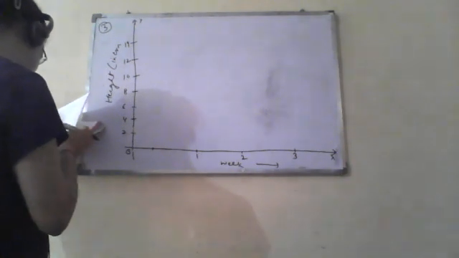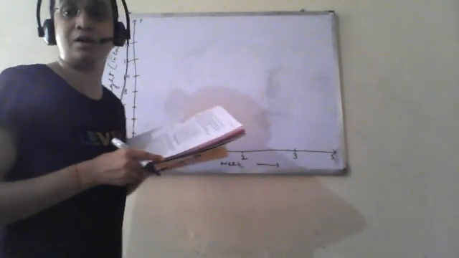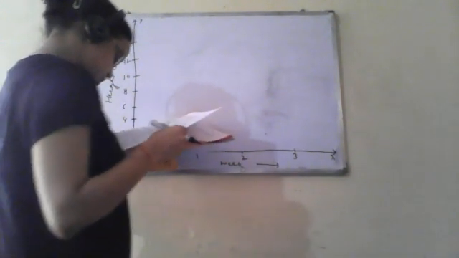Now first I am plotting for plant A. Okay. Plant A they have denoted with dotted lines. So for plant A, the first week growth was 2 centimeter.